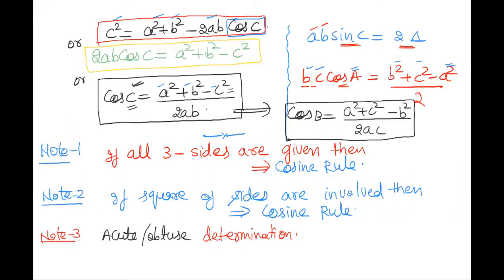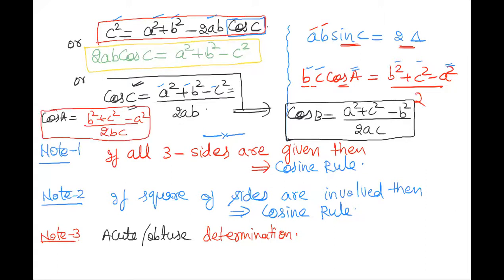Also, for cos A I can write: cos A is equal to (b² + c² − a²) divided by 2bc. Like this also I can write.